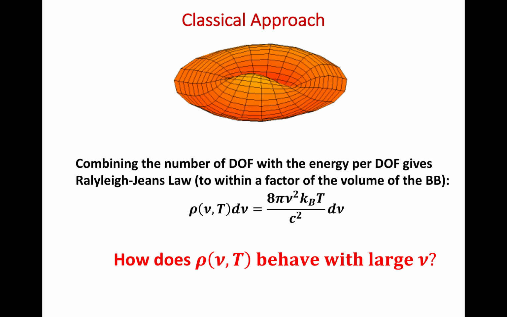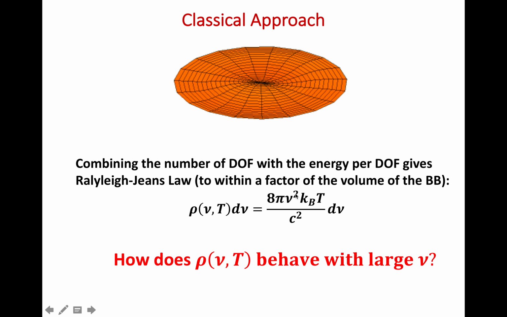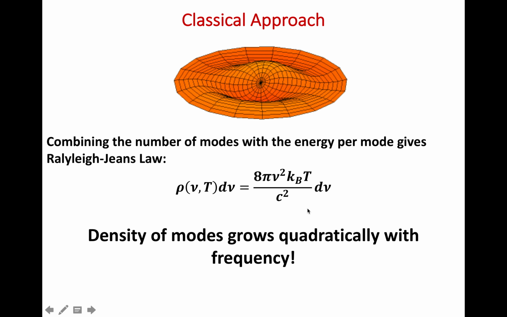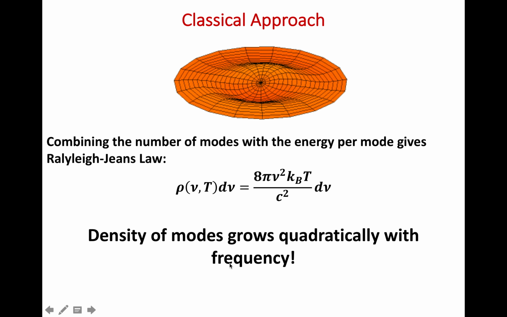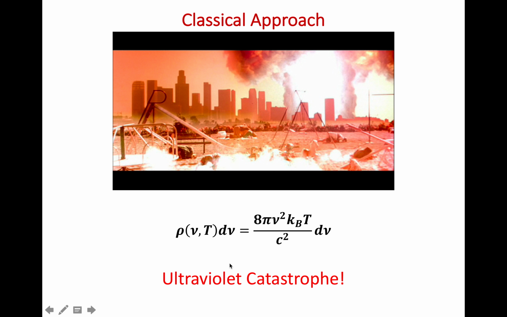As long as T is non-zero, this thing actually tends to infinity at larger nu. And that was the source of the ultraviolet catastrophe, right? The density of these modes was thought to grow quadratically with frequency, and that clearly seems to be wrong, right? So this is our world where the Rayleigh-Jeans law is correct. Clearly not really our world.